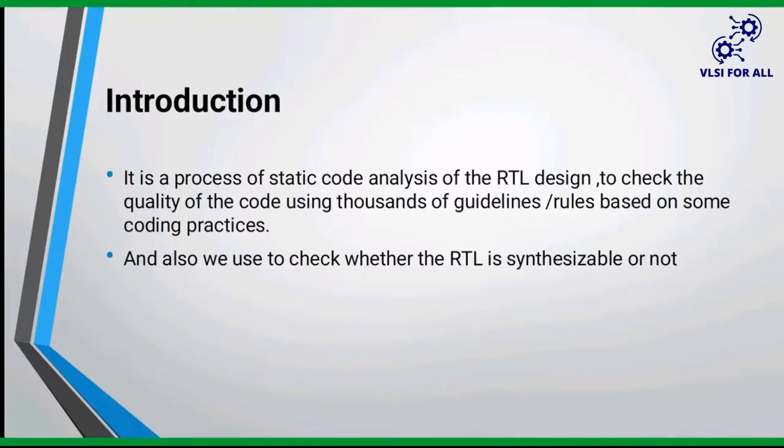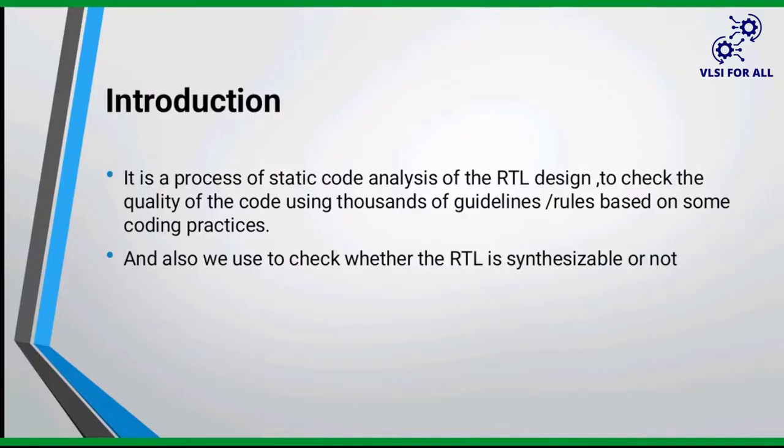Why do we use lint? We use lint to check whether the RTL is synthesizable or not. First, what is the process of lint? It is a process of analyzing an RTL design. Nothing but the lint tool analyzes the RTL to check the quality of the code or whether it is following the guidelines or rules of the coding.